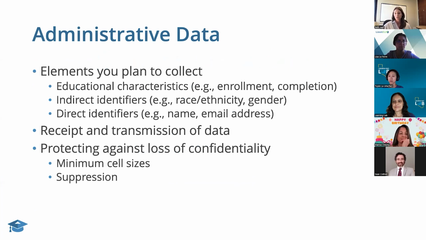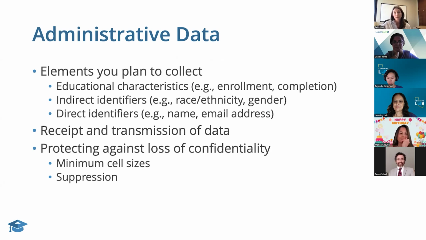So I just want to talk through quickly 3 types of data that you are commonly going to be collecting as part of your learning lab work. And I know that we're all researchers here in this room, but rather than being STEM researchers, Lisa and I work with this kind of information from students as our data on a regular basis. So talking about administrative data, I've mentioned that a couple times.